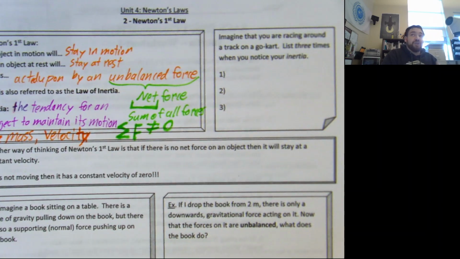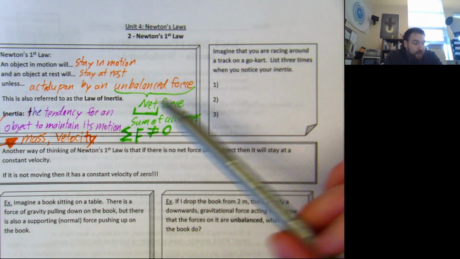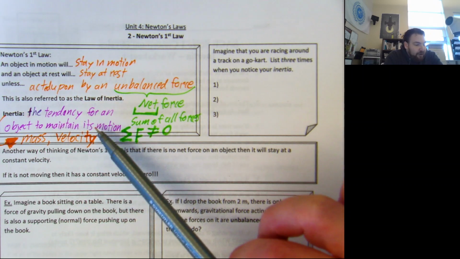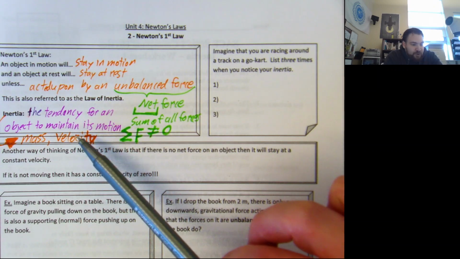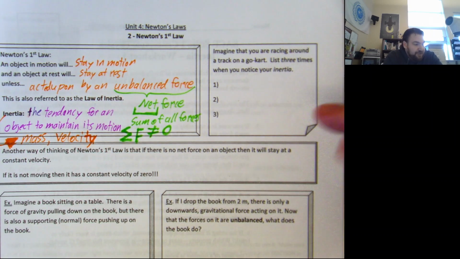You notice inertia in three places, really, when you're moving, and that's when you try to change this. Wherever you try to alter the motion of an object, you really start to notice its inertia. So where do you change? What does changing velocity look like?